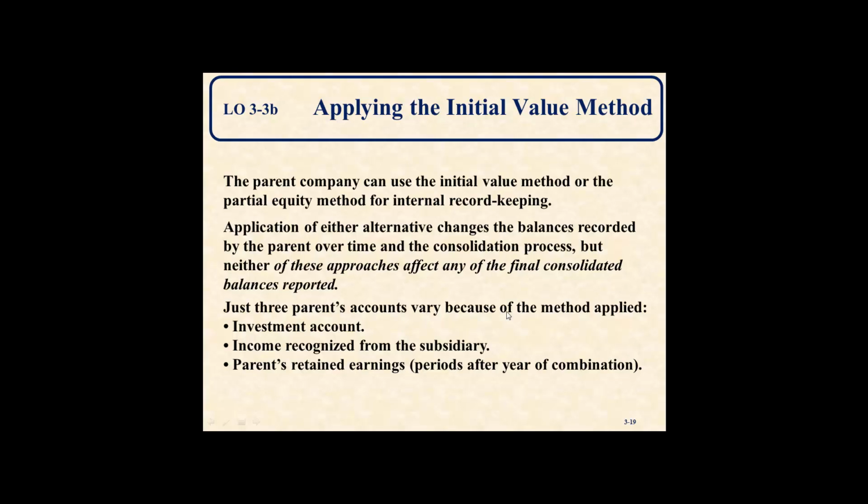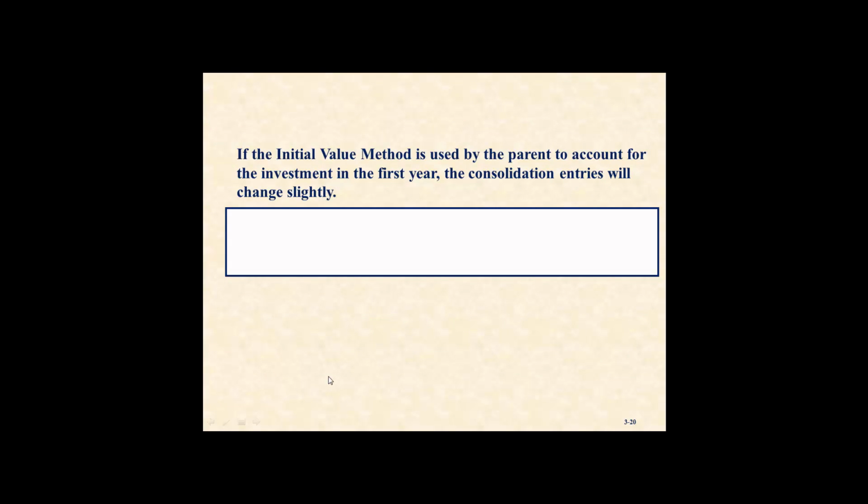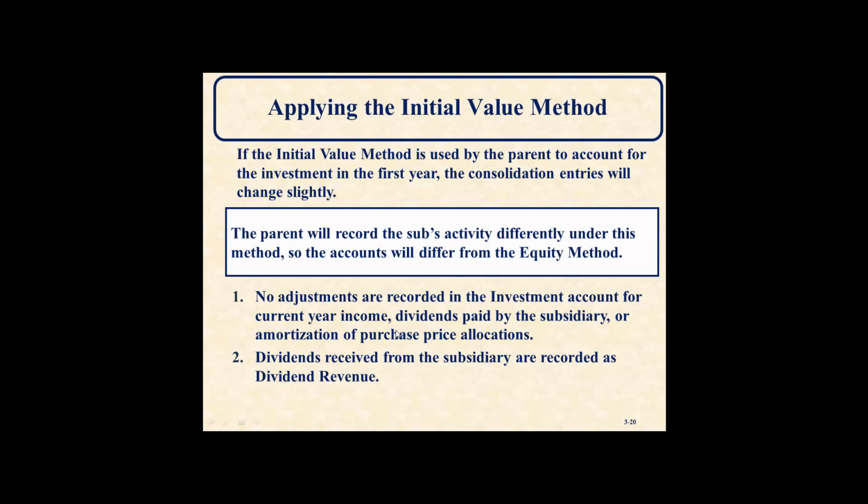Just 3 of the parent's accounts will vary. The investment account will change because if you're not recording it at fair market value all the time and adjusting it, if it's just initial value, then it'll remain the same. Income recognized, if you're not recording income, and then retained earnings after the combination year. If the initial value method is used by the parent to account for the investment, the consolidation entries will change slightly.